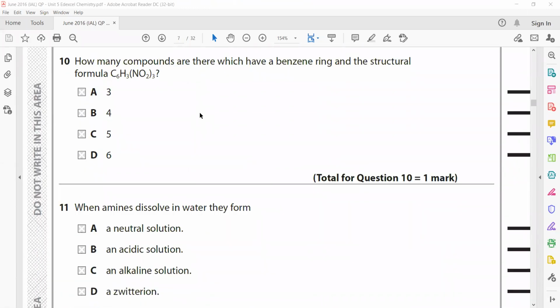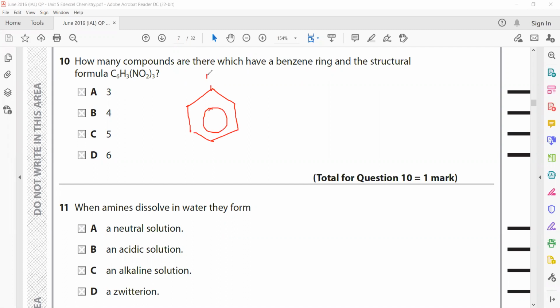How many compounds are there which have a benzene ring and the structure formula C6H3? So the possible isomers of trinitrobenzene. What could be the possible isomers?